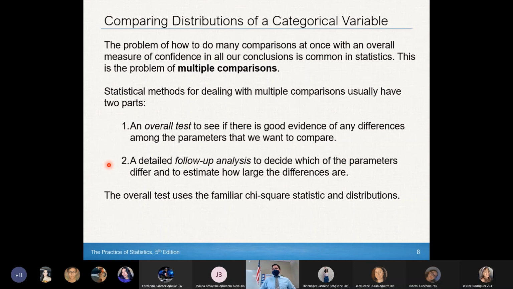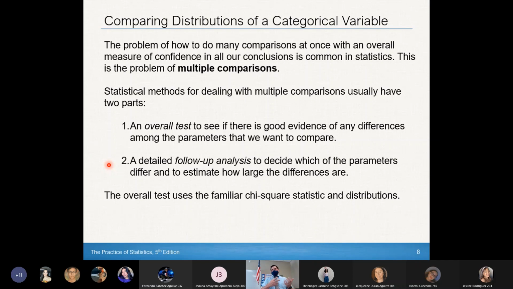Essentially, if you reject the null hypothesis, then you should do a follow-up analysis. The overall test uses the familiar chi-square statistic and distributions. So again, similar to what we had in section 11.1, we need to avoid the whole multiple comparisons problem.